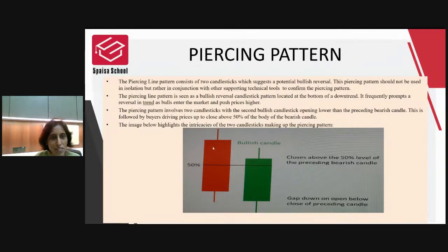Now the piercing pattern consists of two candlesticks, as you can see over here, which suggests a potential bullish reversal. Why a bullish reversal?